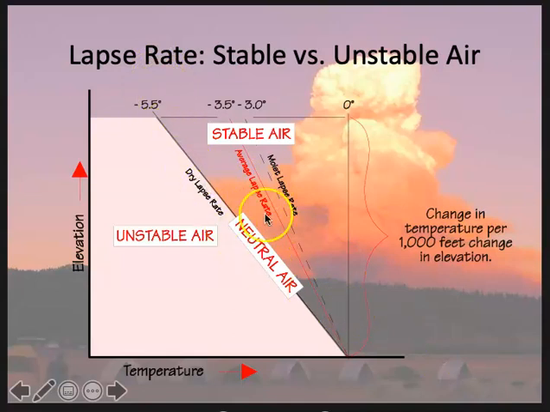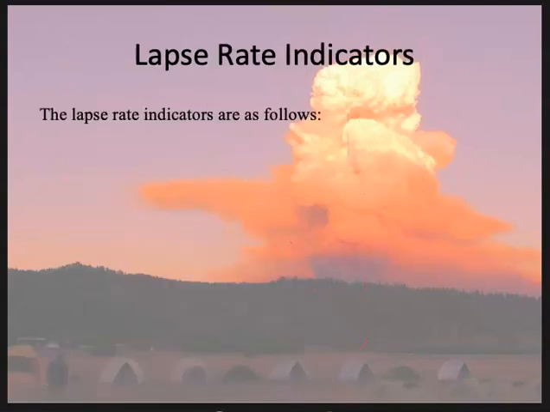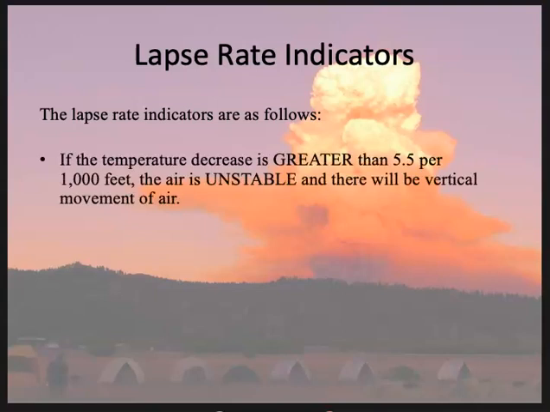So we have neutral air in between the stable and the unstable air. As the air is heating up, it's going up. Let's look at the next one. I think that chart is a little confusing for some. So lapse rate indicators are as follows. If the temperature decrease is greater than 5.5 per 1,000 feet, the air is unstable, and there's going to be vertical movement of air.